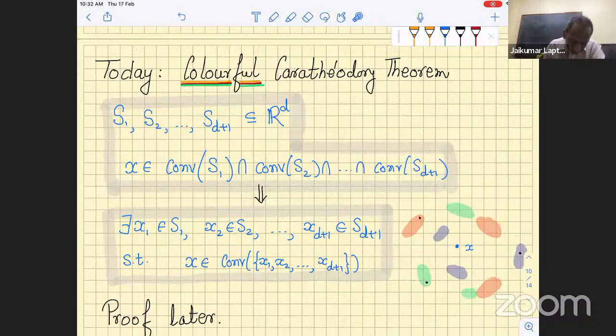In general, you are in d dimensions and you have been given d+1 sets of points. If you look at the convex hull of each of them, there is a common point which is in the convex hull of all of them.